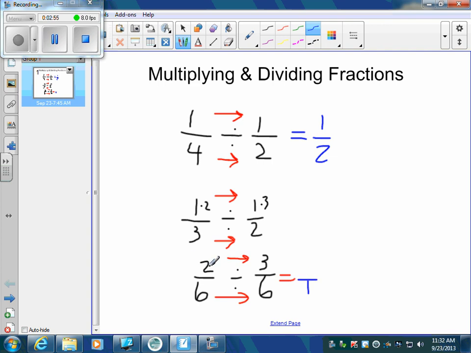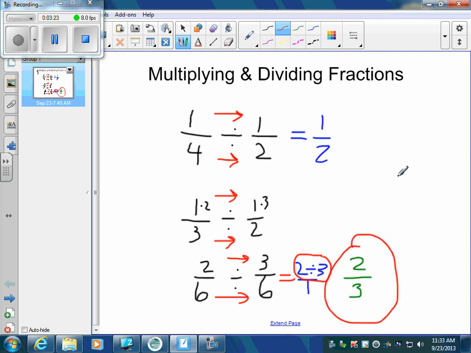And now I have my numerators, 2 divided by 3. My 1 is taken care of, so all I have to worry about is my top. I'm going to rewrite that as 2 divided by 3, and that would be my final answer, 2/3.